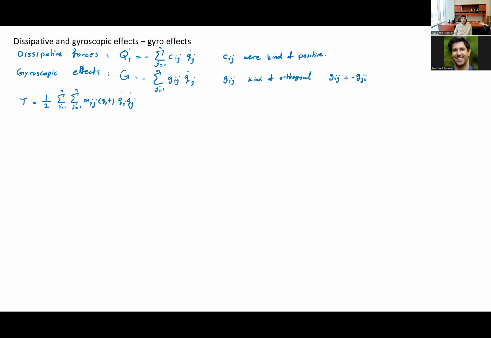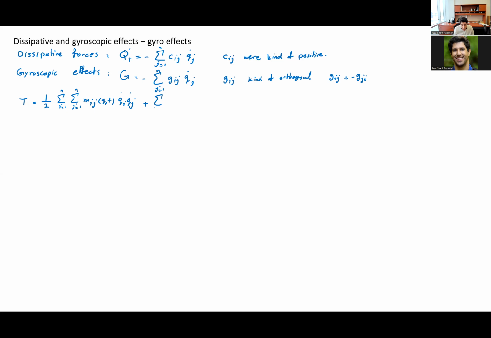So this was the familiar term we had in 1/2 m velocity squared in that space. Plus, we had another set of terms.